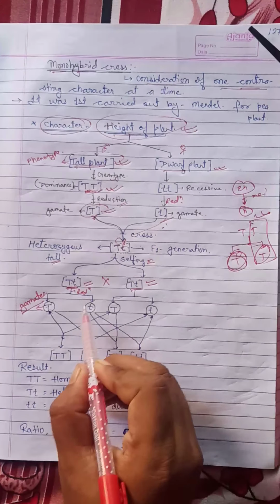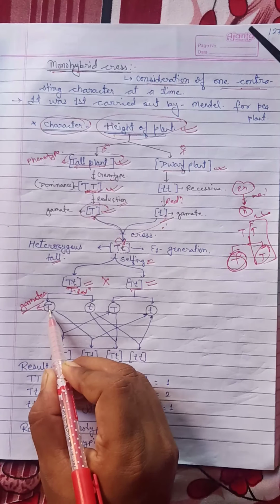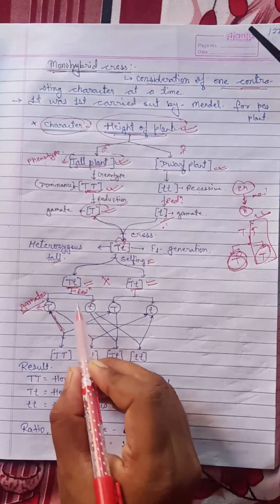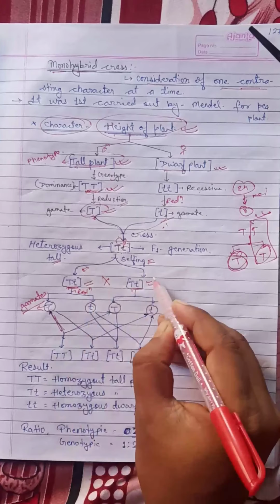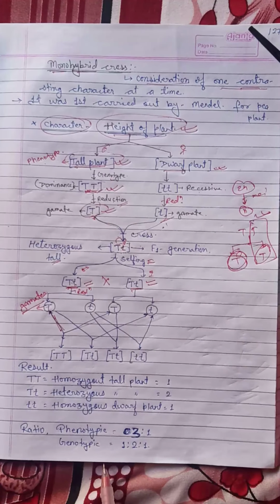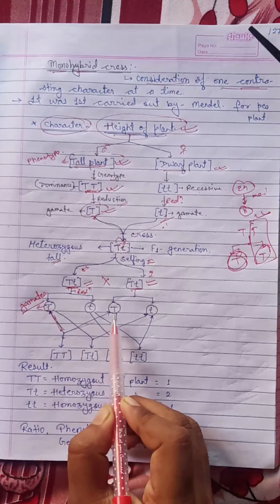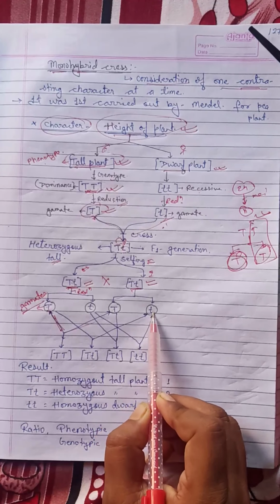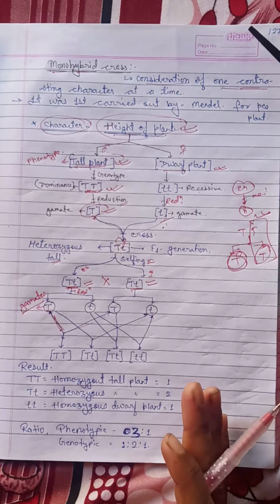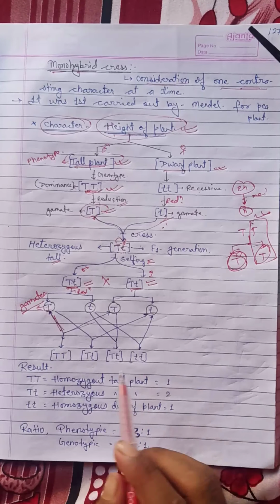Now the product of these, suppose this is male and this is female, this gamete can be multiplied with this gamete. Is this a possibility or not? Yes, this is a possibility.